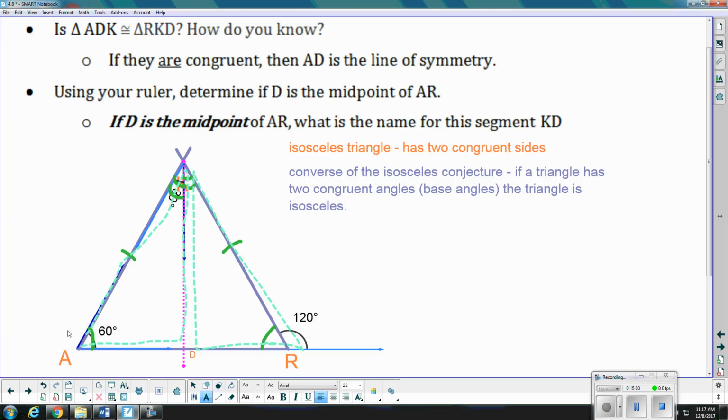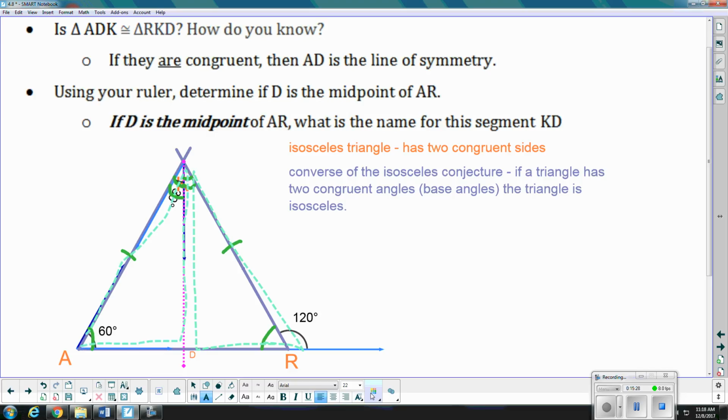So if you look at this, we have angle A is congruent to angle R, AK is congruent to RK, and then angle AKD is congruent to angle DKR. So this angle congruent to this angle, and then these two sides are congruent, and these two angles are congruent.